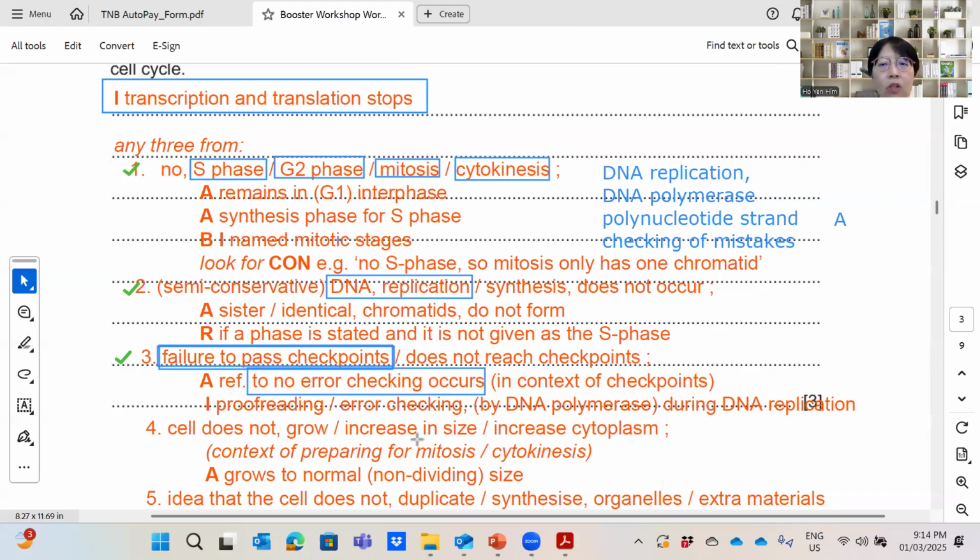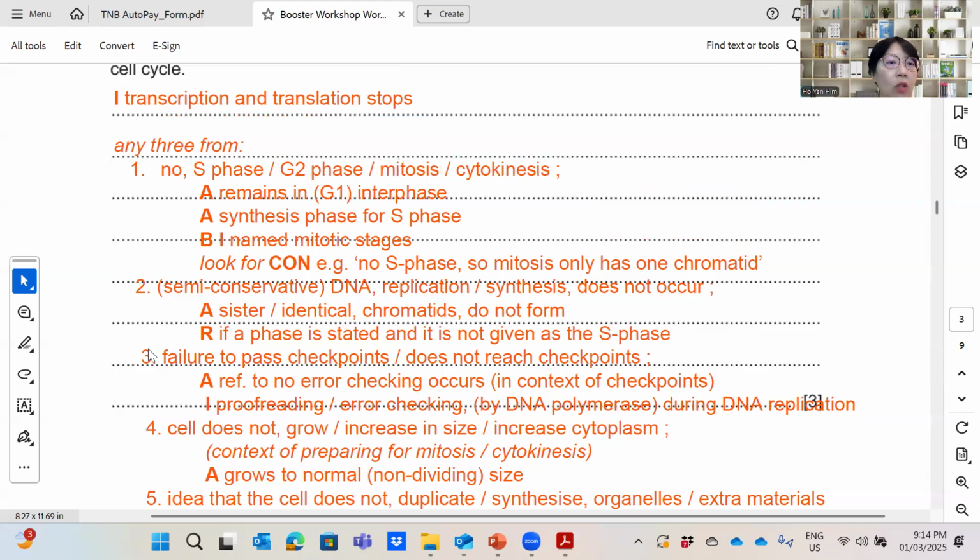Okay, so error checking during DNA replication. This is something extra. So don't worry if you do not know, because this is something extra that a student who read other books from the internet and wrote this may get the mark. But this is correct. But it's not necessary that you know, because it's not in your syllabus.